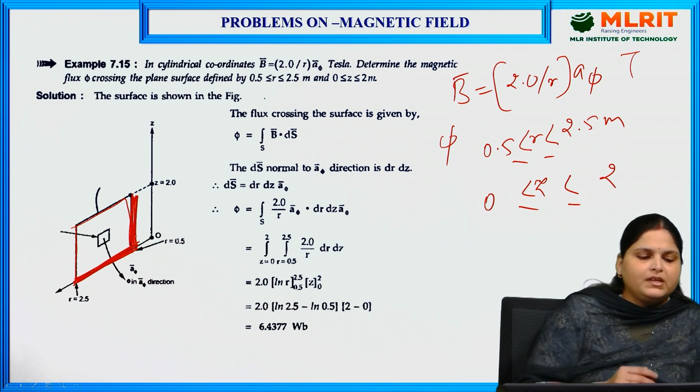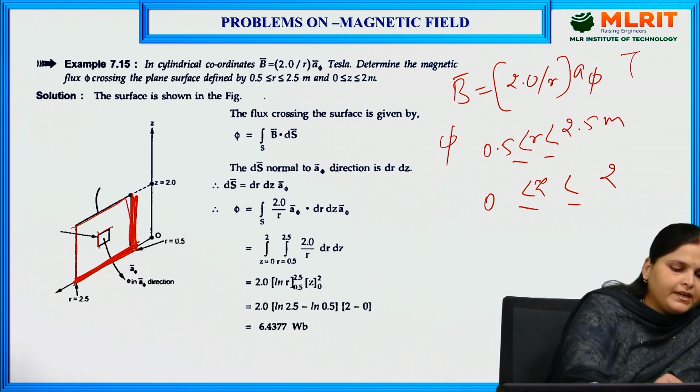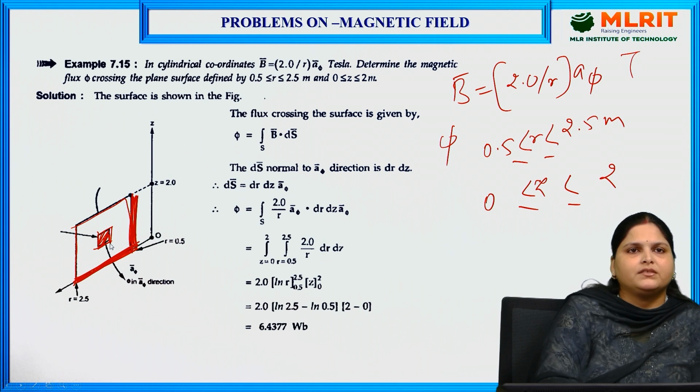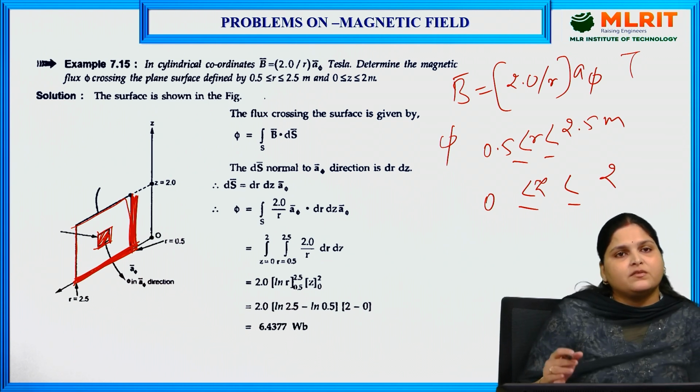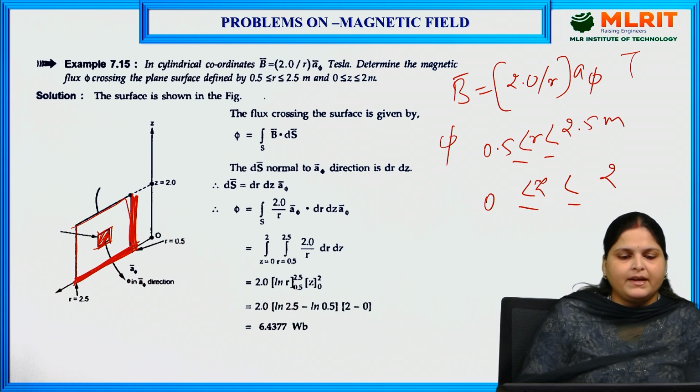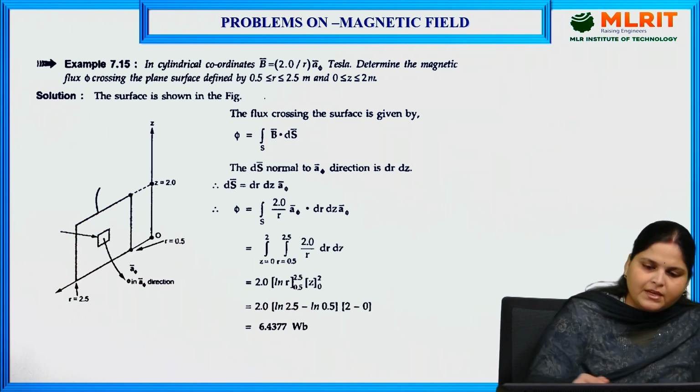Now on this surface also we will take a small differential element, and its direction will be the phi direction because it is a phi constant surface. So we are going to use the same formula again.